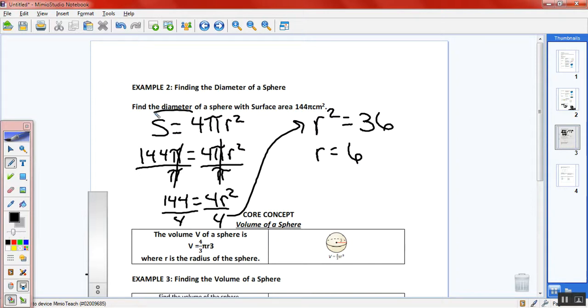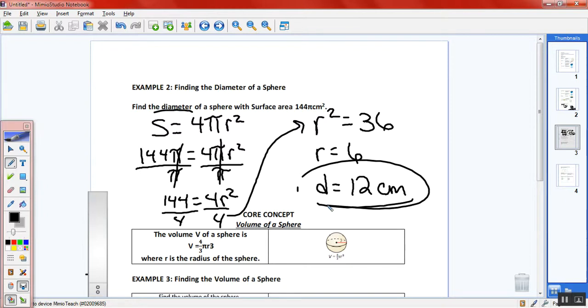So once I know the radius to be 6, that makes the diameter 12. And we were in square centimeters for a surface area, so the diameter would be 12 centimeters.